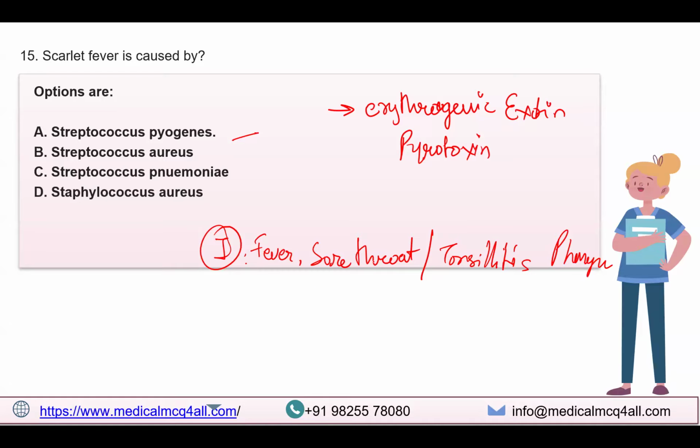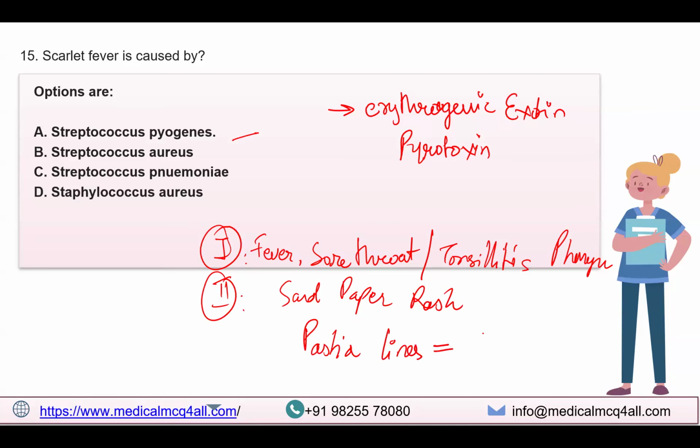But sandpaper rash will come in the second stage, my dear. First is your fever with respiratory symptoms, like sore throat. Second phase is your sandpaper rash. This sandpaper rash can also cause Pastia lines. Do you know what Pastia lines are? It's rash around the inguinal and axillary region.